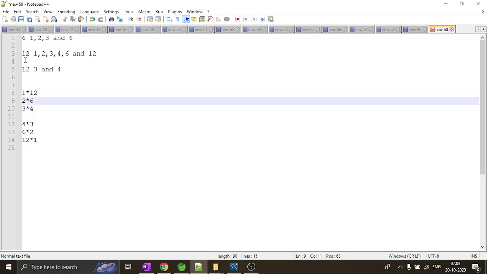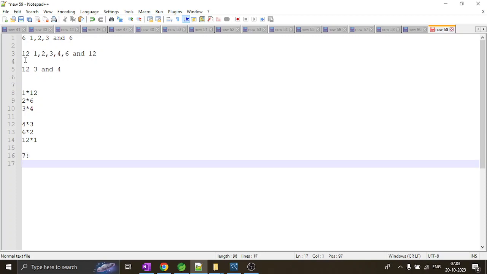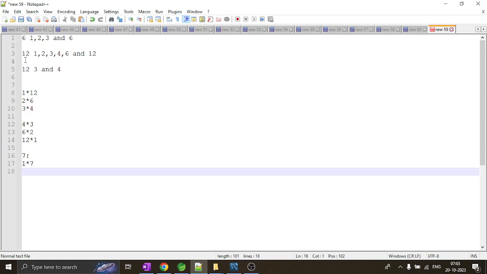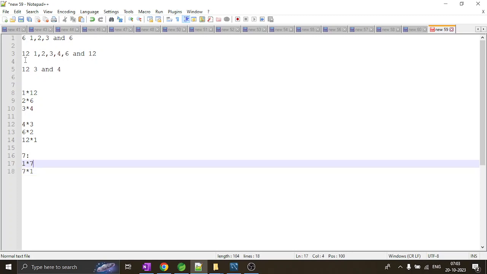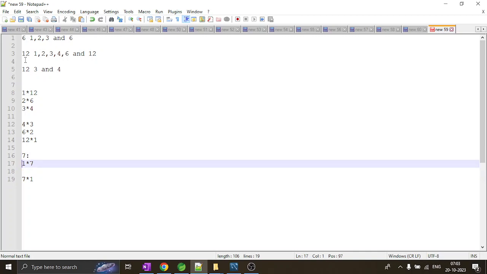So let's consider a prime scenario, right? Let's say 7. What are the factors of 7? 1 times 7 and then 7 times 1. We have these two as the factors, right? 1 and 7, the number itself. What will be the square root of 7?